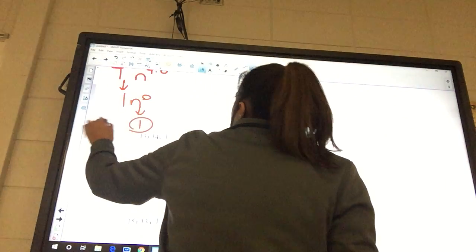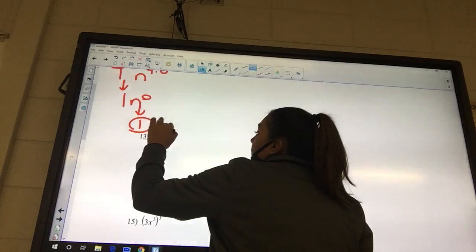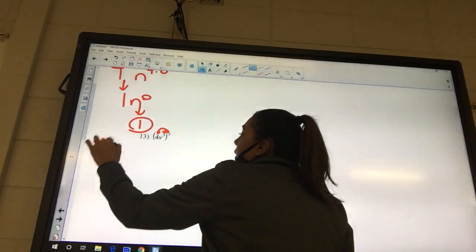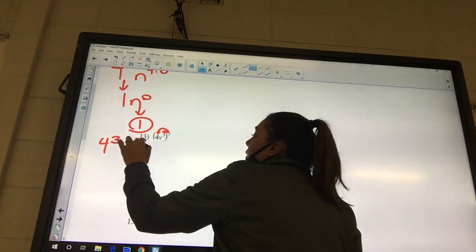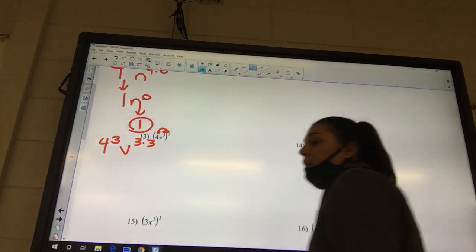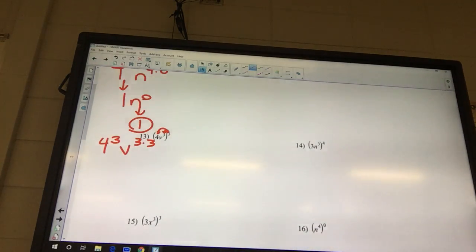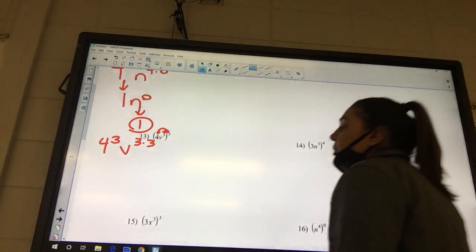Look at 13. Okay, we're going to distribute this to each piece. So 4 to the 3, v to the 3 times 3. Okay, and then we can start to simplify. What is 3 times 3? 9.